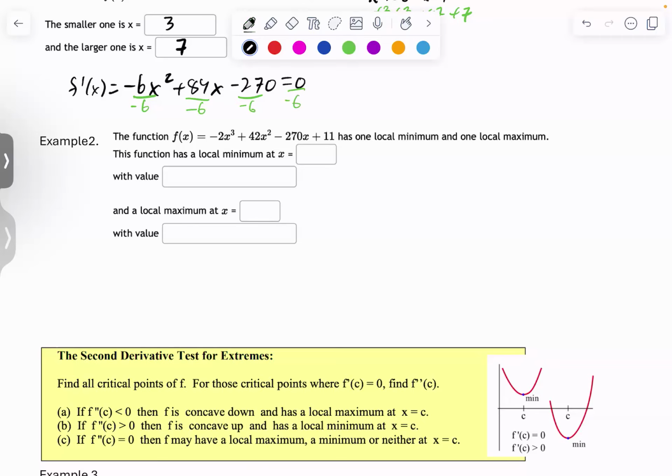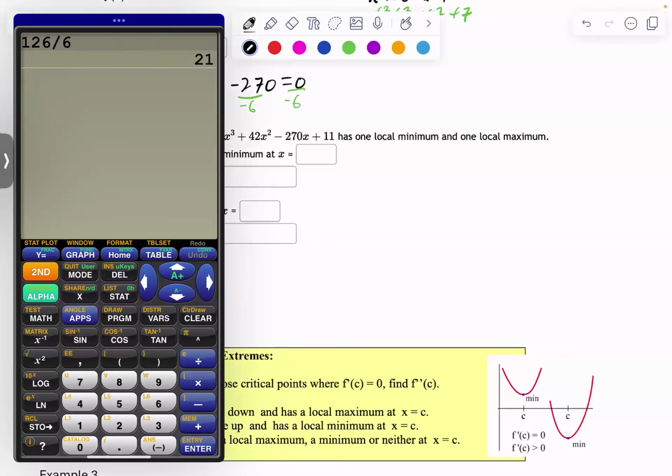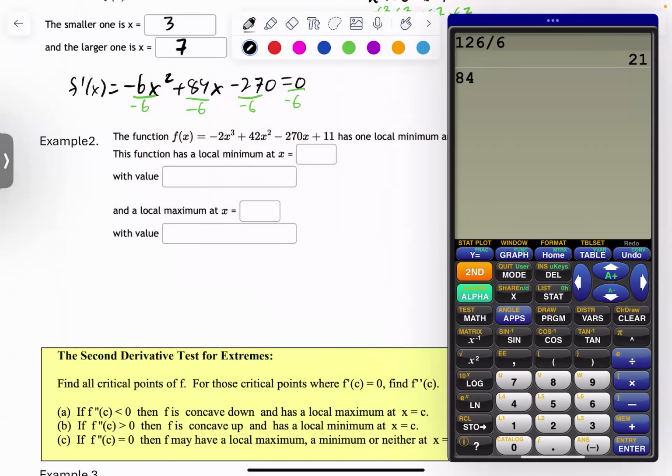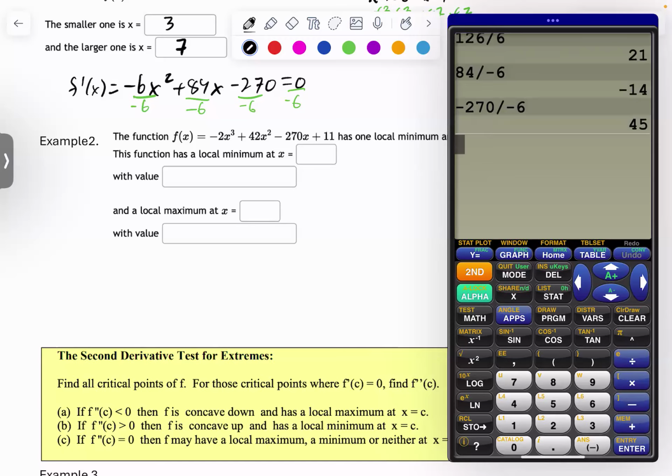And let's see what we get. So 84 divided by negative 6 is negative 14, and negative 270 divided by negative 6.